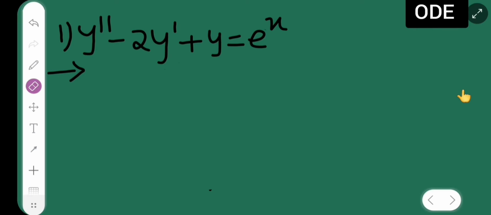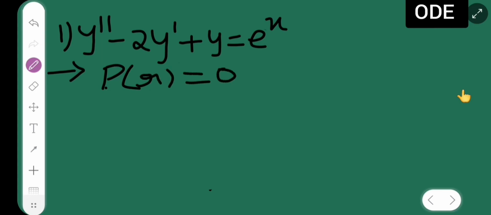Let us solve this. So the characteristic polynomial is what? Directly I am doing, okay? R square. Okay, I'll do this properly. Characteristic polynomial, P of R is equal to 0.